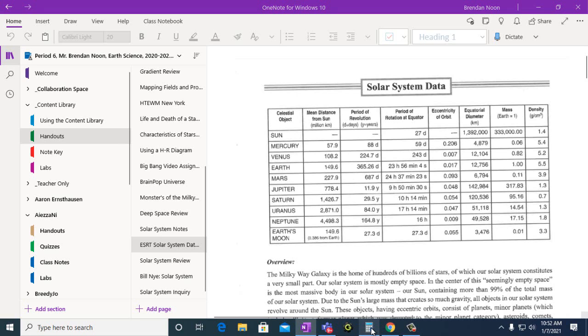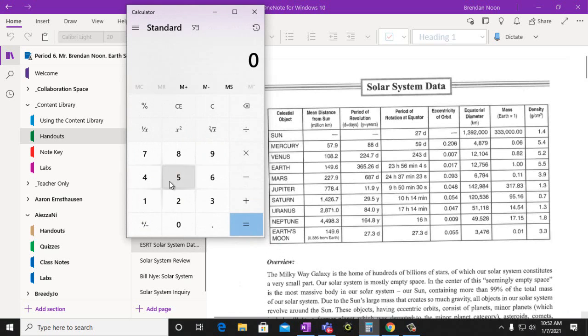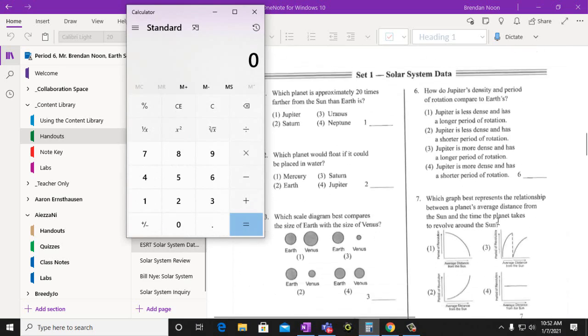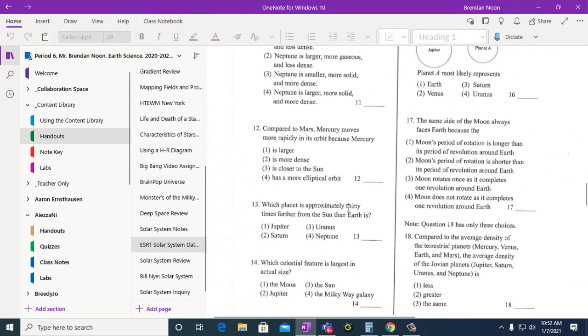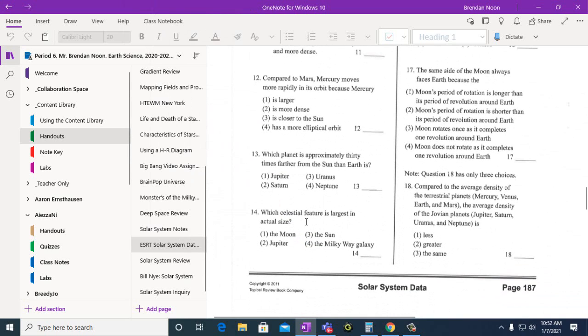But if you take the calculator and do the math, you do 149.6 times 30 equals, we have our answer, and it's close to Neptune. So Neptune would be the correct answer for that one. 30 times farther from the sun than Earth. Neptune, 4.